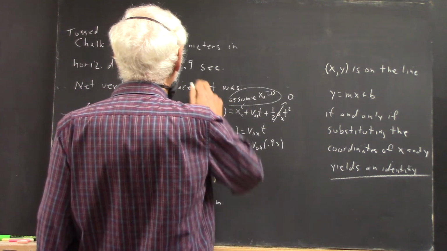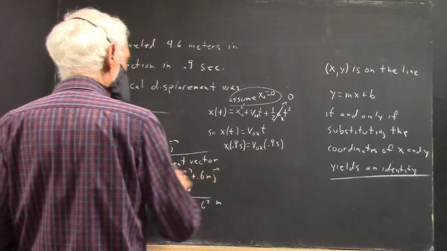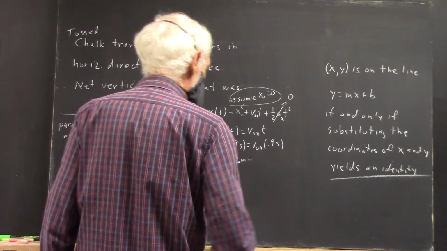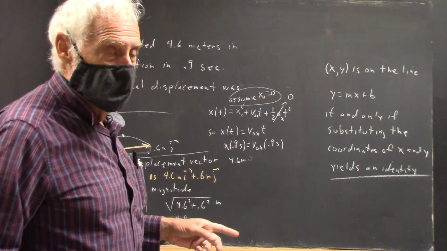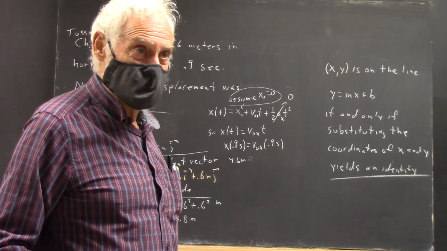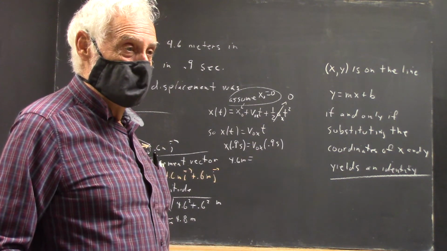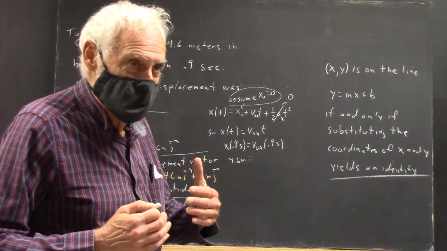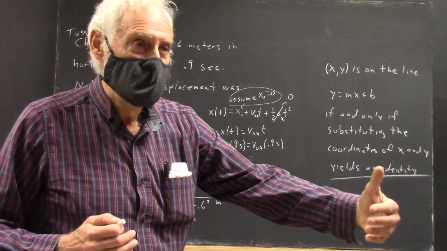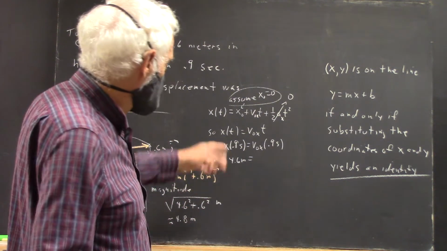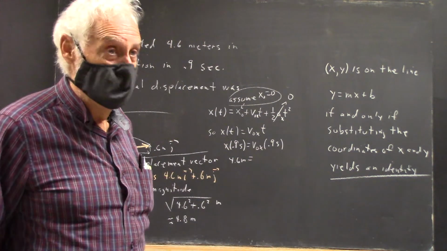X at 0.9 seconds, we know to be 4.6 meters. We got that from my incredibly calibrated pace, and my unfathomable ability to estimate decimal fractions, right? Well, actually, it's 4.6 meters, probably plus or minus 0.3 meters.